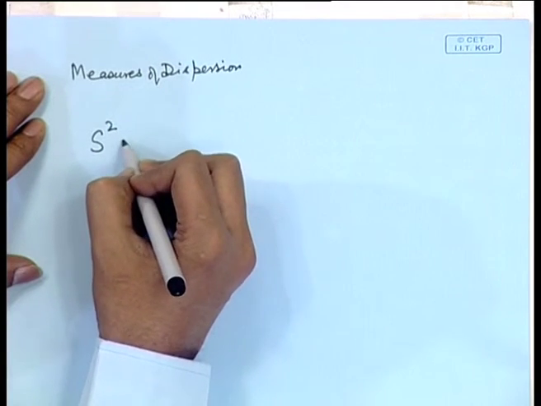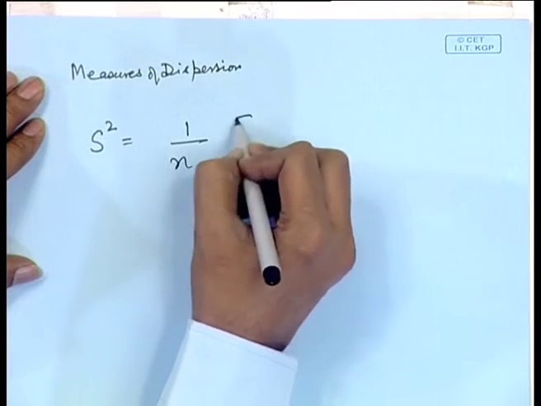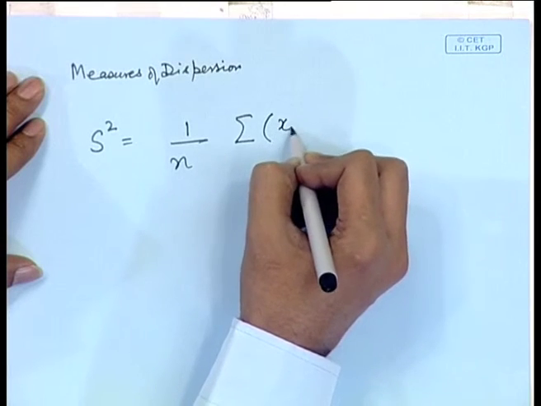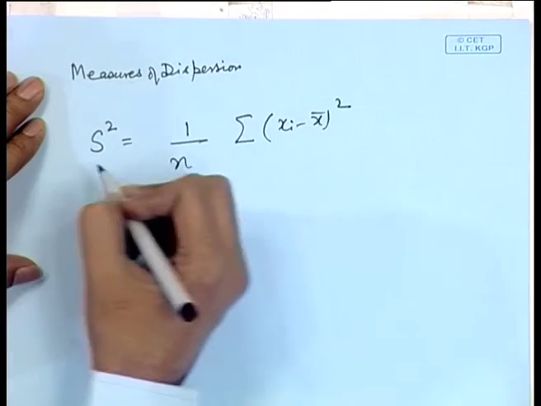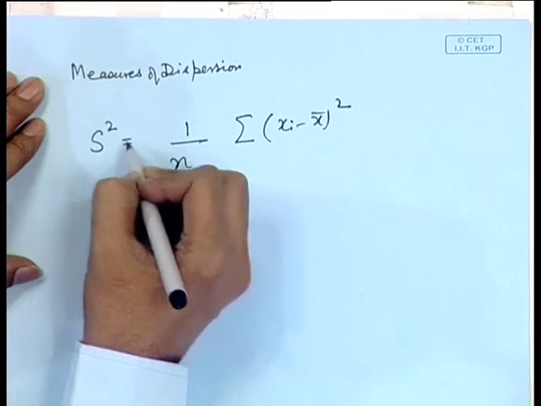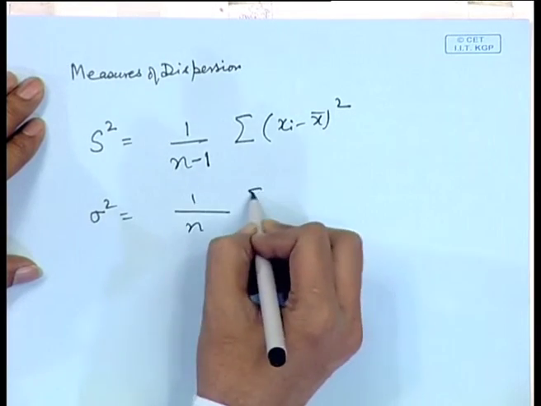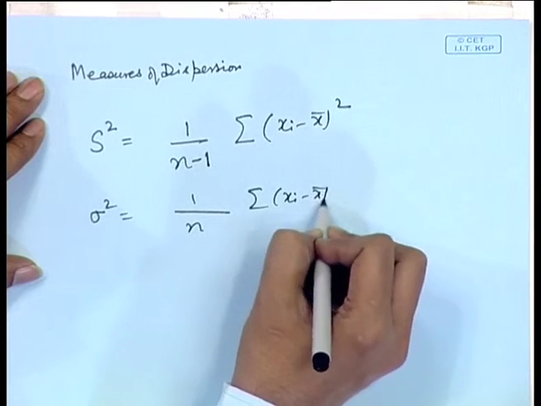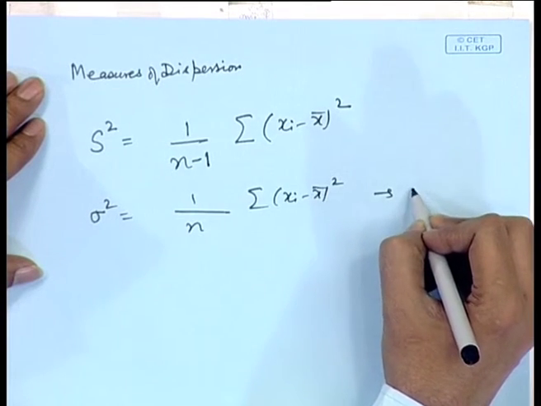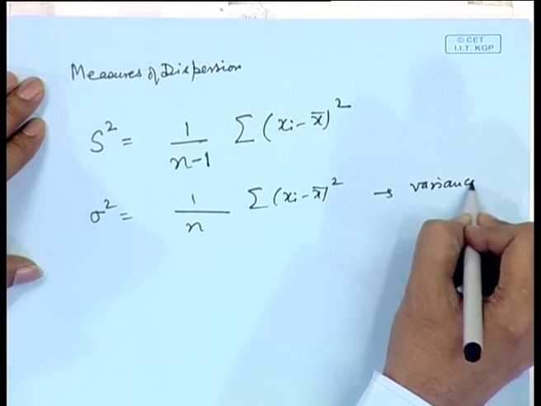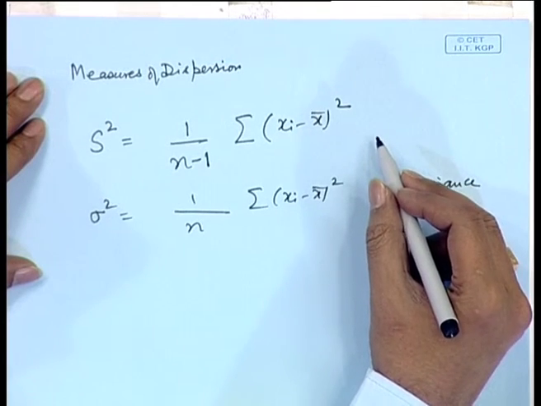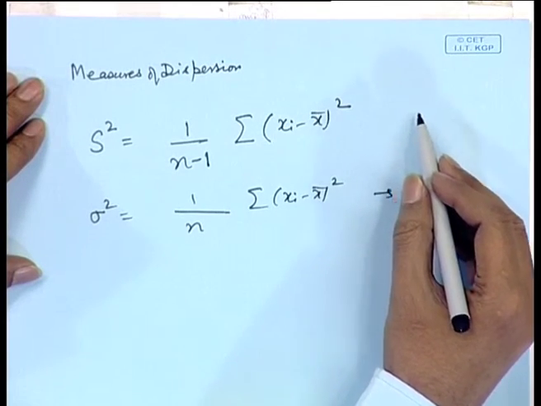We consider 1 by n sigma (x_i minus x bar) whole square. Now, there are different notations for this. We may use 1 by n minus 1 here; sigma square is 1 by n sigma (x_i minus x bar) whole square. This is known as variance, and this one is sometimes called the sample variance.